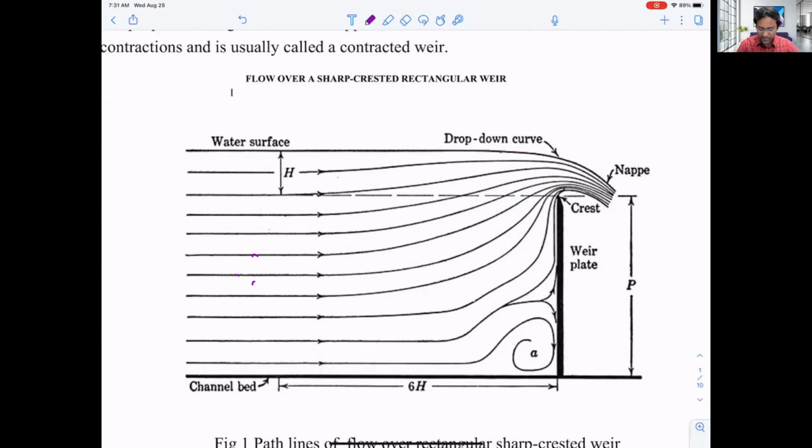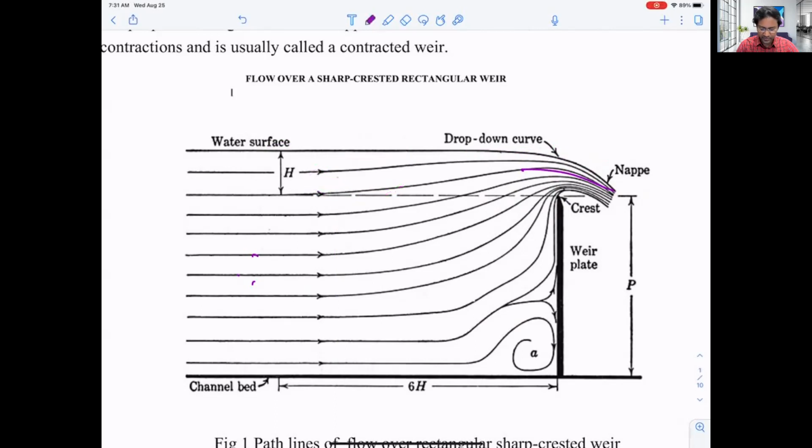Water is coming with a velocity and then passing over, but we are assuming this velocity is 0. We have to neglect that velocity, then we can derive the equation.